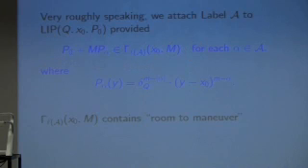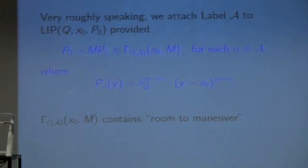In that case, very roughly speaking, so now of all the various lies, I will tell you this is the biggest one. Okay, very roughly speaking, we attach a label script A to a local interpolation problem, provided not only is P0 in the gamma, but in fact P0 plus a multiple of some P alpha also belong to the same gamma for each alpha in this set of multi-indices script A, where this P alpha is a monomial.